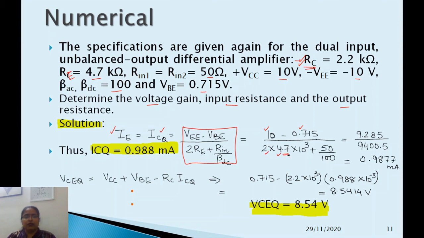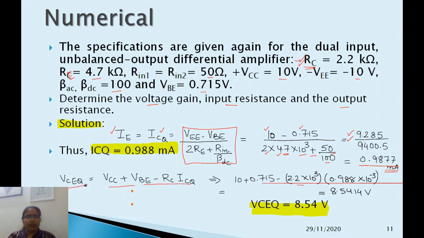RE is in kilo ohms, so it is 2 into 4.7 into 10 raised to power 3, plus Rin is 50 ohms divided by 100, that is beta DC. So calculating this, you will get 9.285 upon 9400.5, and it is equal to 0.9877 milliamperes, right? So this is the IE or IC.